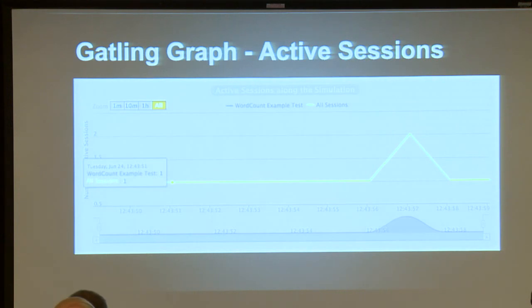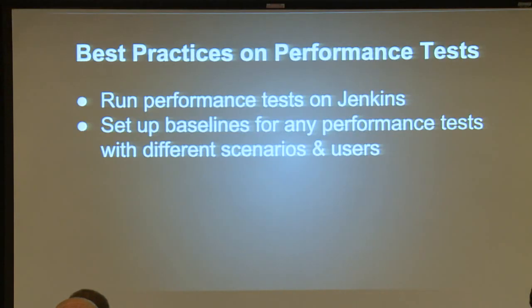So this graph represents the first 7 seconds in one session. This is 7 seconds. And there was just one session. When we went from 7 to 8, we had one more session added. And then when we went to 9, we lost that session. And the orange line means active sessions over time.